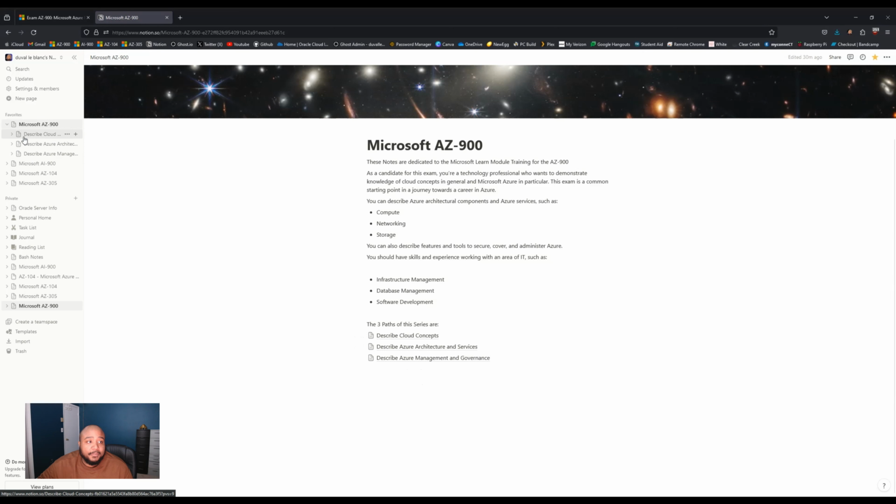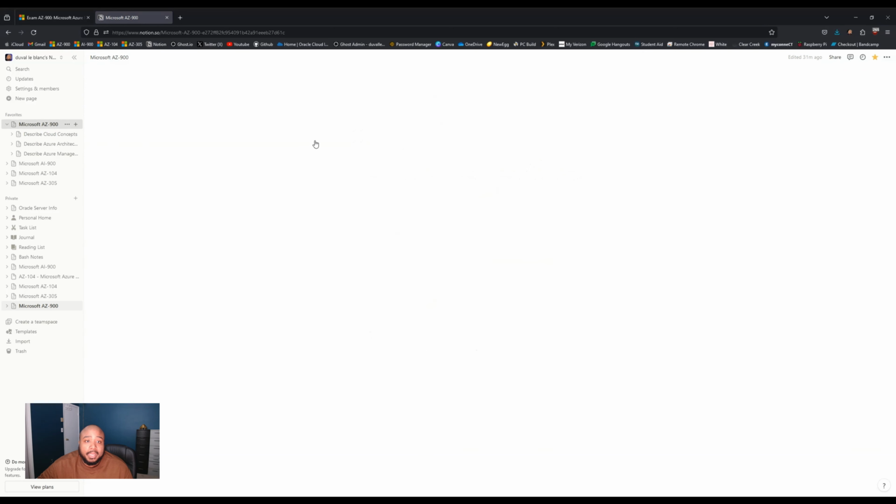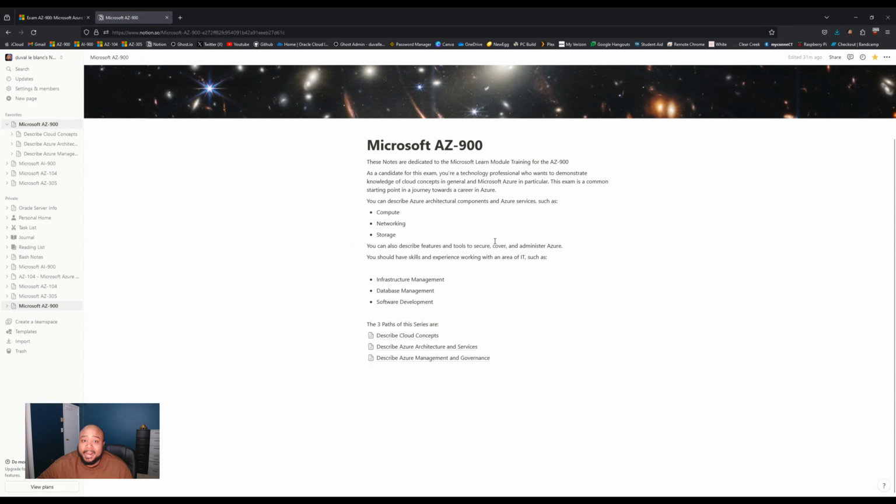So the first one we're going to do is describe cloud concepts. And if you look here, this is kind of like my notes of how I did it. I definitely recommend you guys use Notion. If you're going to learn anything, whether it be this or whatever you choose to dedicate your time to learning, you're going to have to take notes.